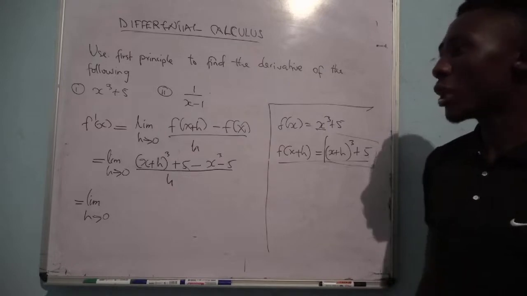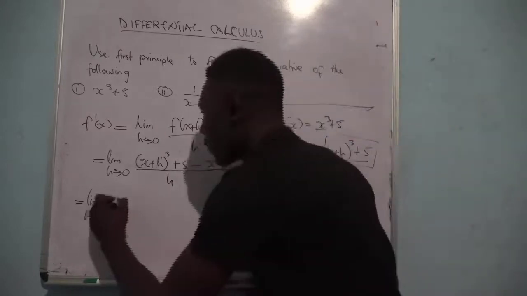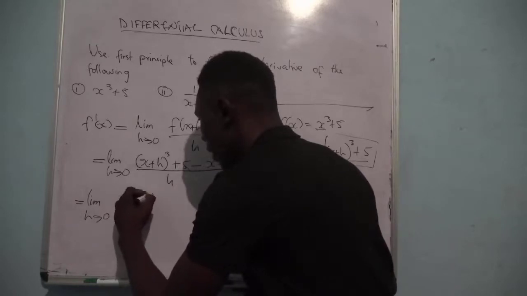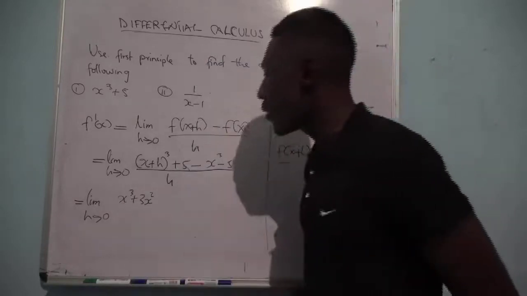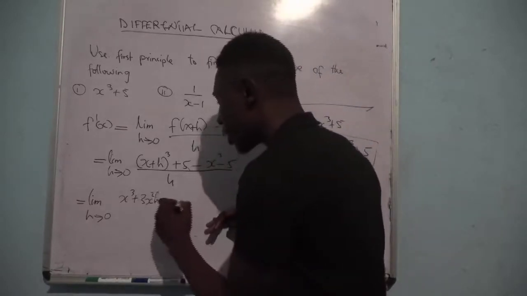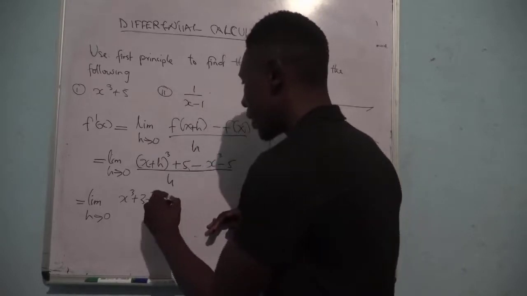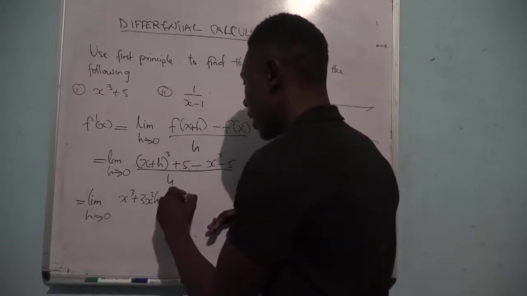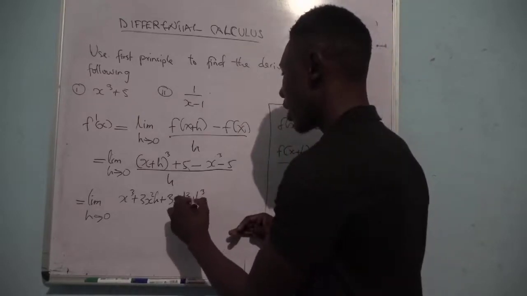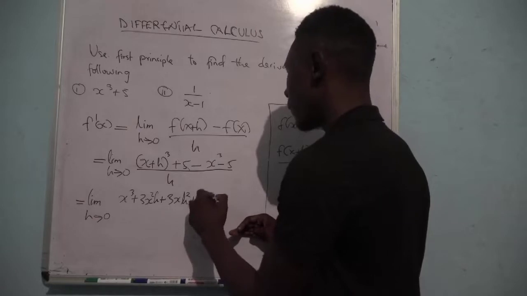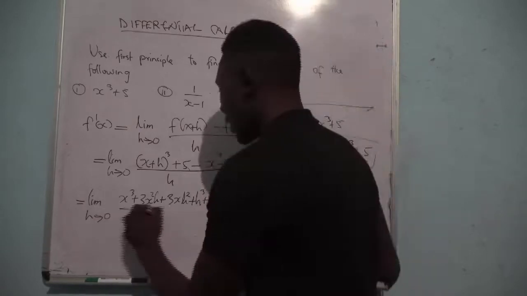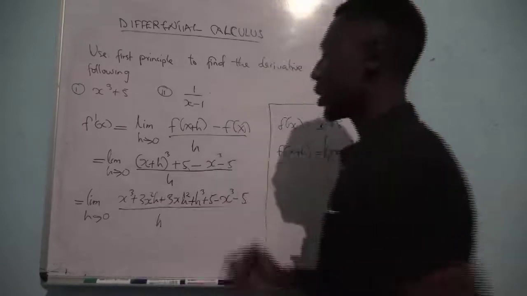We're going to go with Pascal's triangle, where we have x to the power 3 plus 3x squared multiplied by h, plus 3x h squared, plus h to the power 3, then plus 5 minus x cubed minus 5, divided by h.